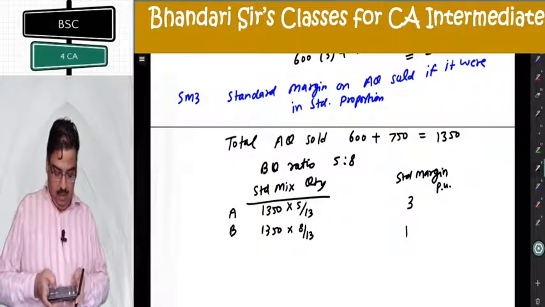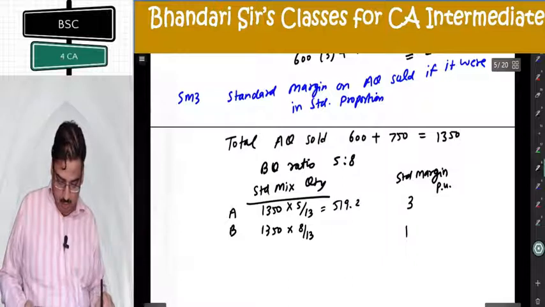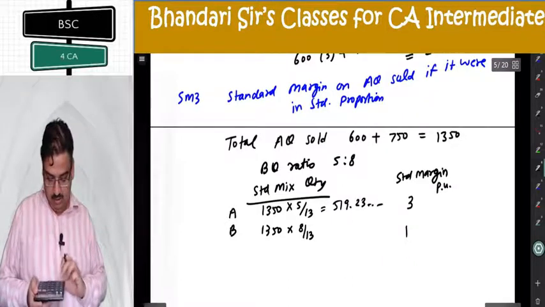1350 into 5 by 13. This is 519.23 and so on, multiplied by 3.